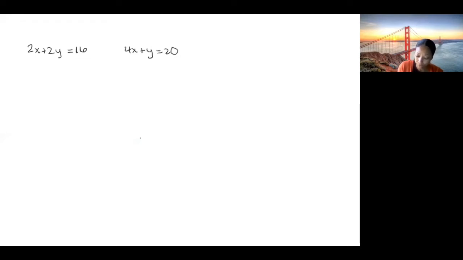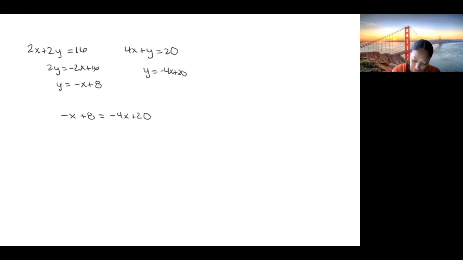We want to know when these two lines are equal. If we solve this first one for y, this would be 2y equals negative 2x plus 16, y equals negative x plus 8. And then for the second one, y is equal to negative 4x plus 20. So setting these equal to each other, negative x plus 8 equals negative 4x plus 20.